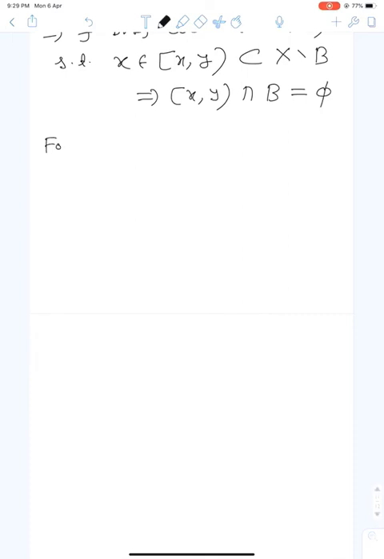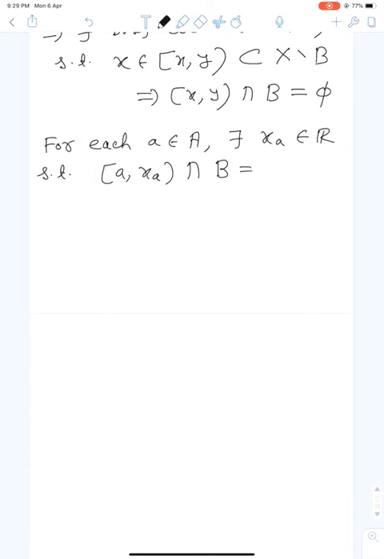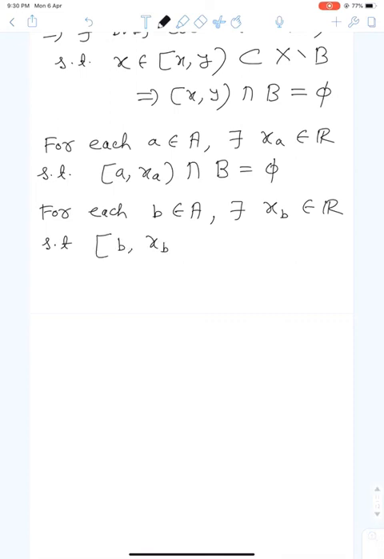So, for each a belonging to A, there exists x_a in R such that [a, x_a) intersect B is empty, and also for each b belonging to B, there exists say x_b in R such that [b, x_b) intersect A is empty.